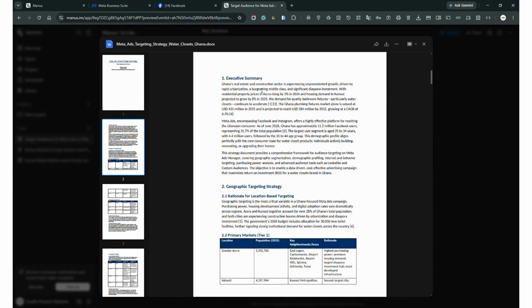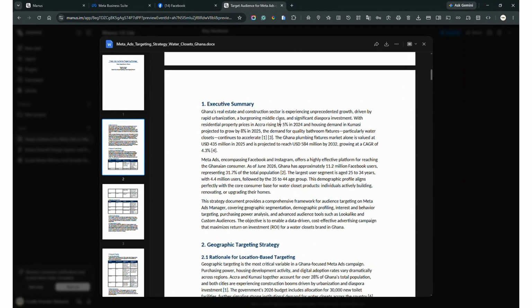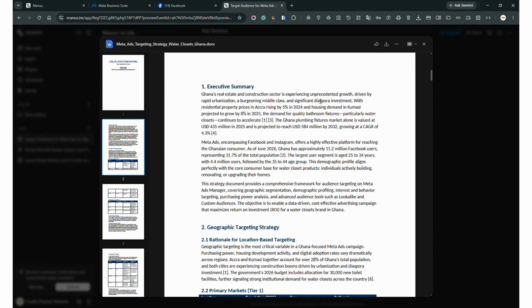We have the executive summary, and the executive summary says the real estate and construction sector is experiencing unprecedented growth driven by rapid urbanization and so forth, and a significant diaspora investment, with residential property prices in Accra rising by 5% in 2024, and housing demand in Kumasi projected to grow by 8% in 2025.